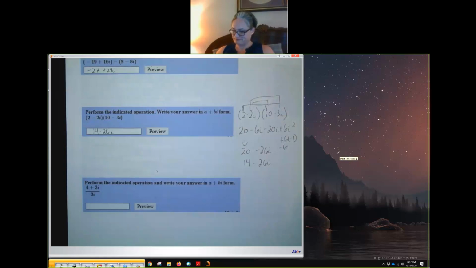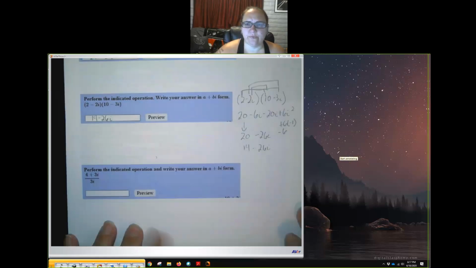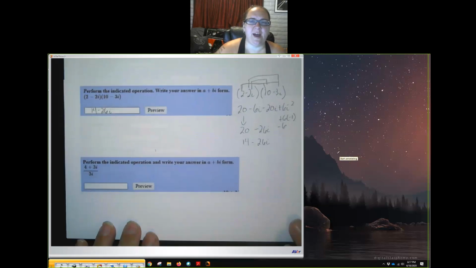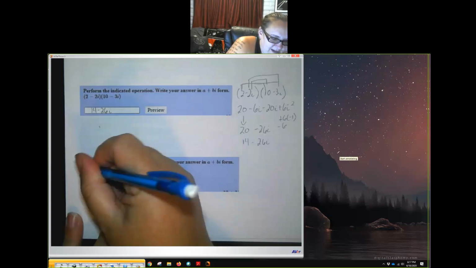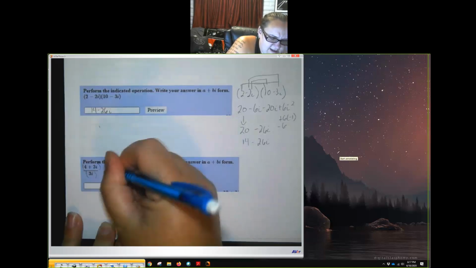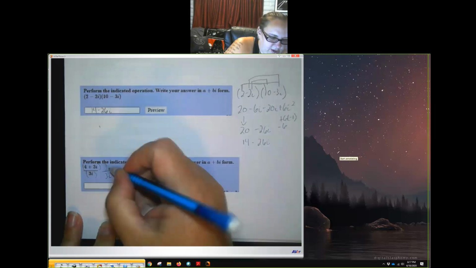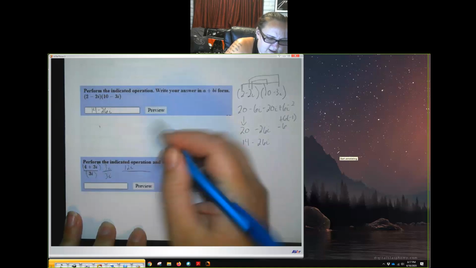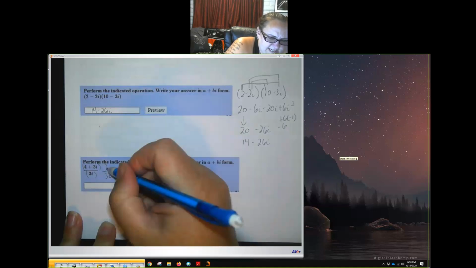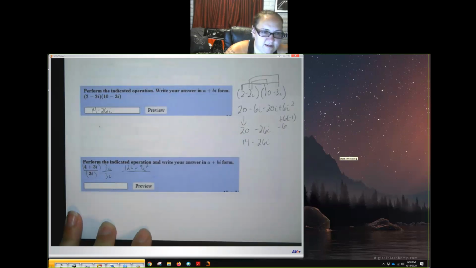Now, just like radicals, you can't have i's in the denominator. So if you have just one term, you're going to multiply by that term. So I'm going to multiply top and bottom here by 3i. So 3i times 4 is 12i. 3i times 3 is 9i squared.